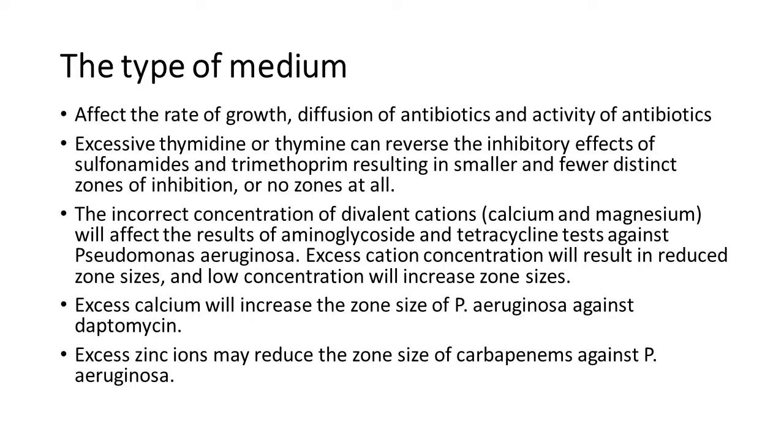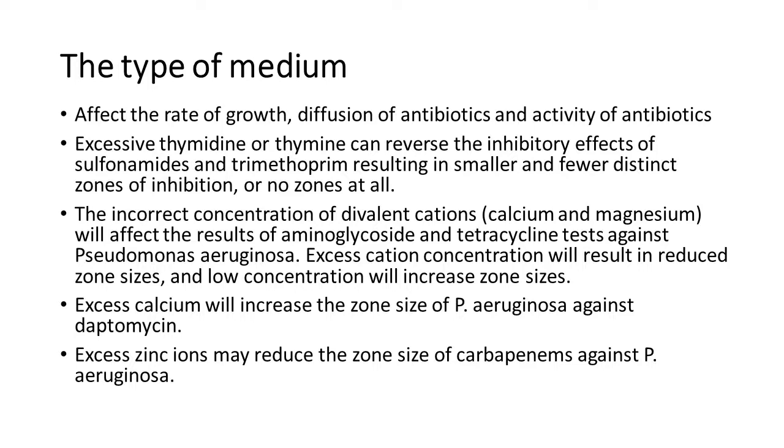Another thing is incorrect concentration of divalent cations, for example calcium or magnesium, which will affect the results of aminoglycoside and tetracycline testing against Pseudomonas aeruginosa. Excessive cation concentration will result in reduced zone size, while low concentration will increase the zone size. At the same time, excess calcium will increase the zone size of Pseudomonas against daptomycin.